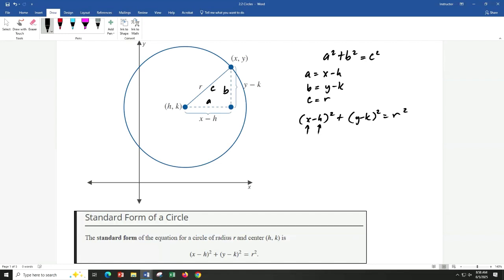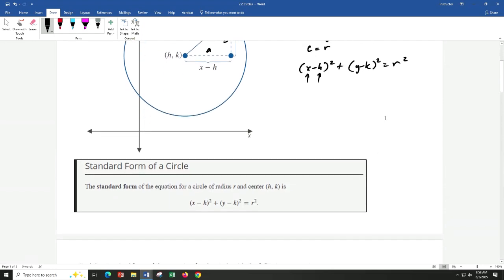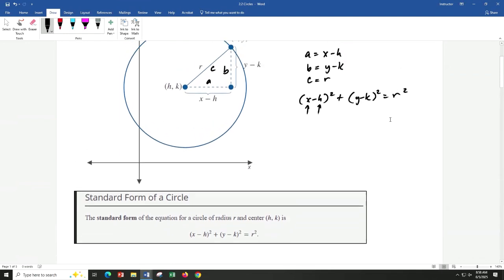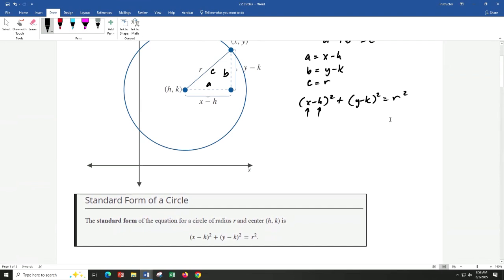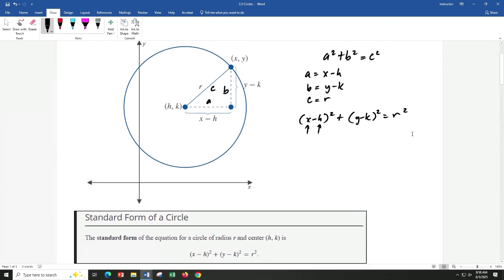So this right here is called the standard form of the equation for a circle of radius r and center (h, k). Good so far? A little bit weird because it's something new. You've never seen this before.